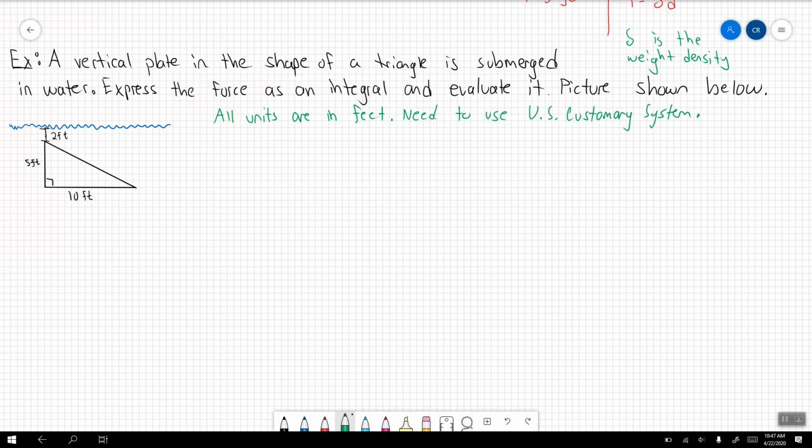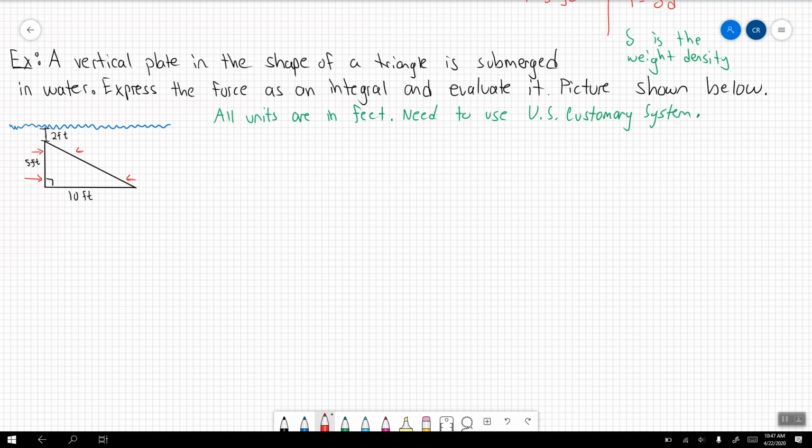Now that I have that, I want to figure out what is the pressure occurring at all of these different points. What's the pressure occurring here, here, and here, and that's going to be from any direction when you're being submerged.